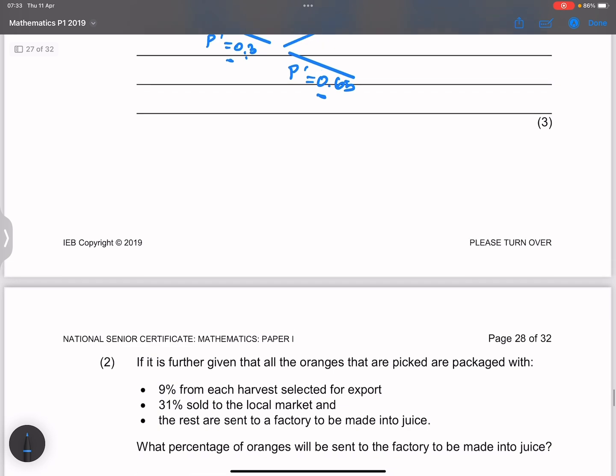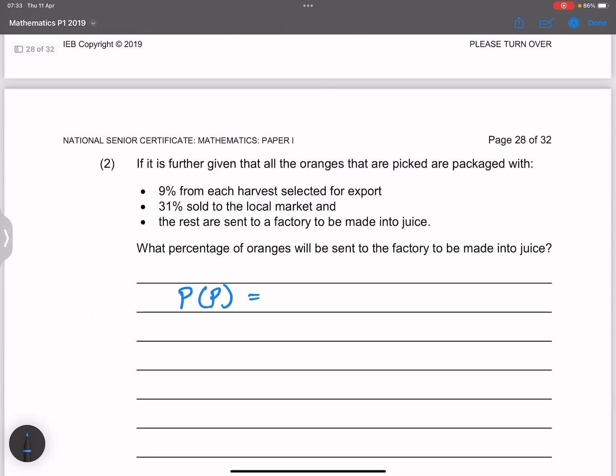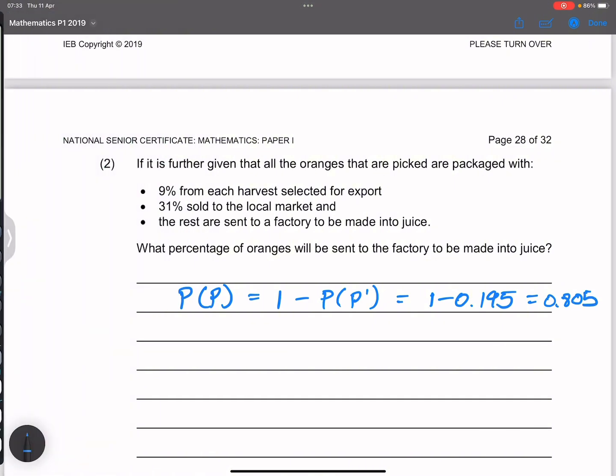In this case, it was 0.195. So the probability that an orange will be picked will be 1 minus the probability of not picking, so 1 minus 0.195. So that's 0.805. So that's the probability that an orange will be picked, right?